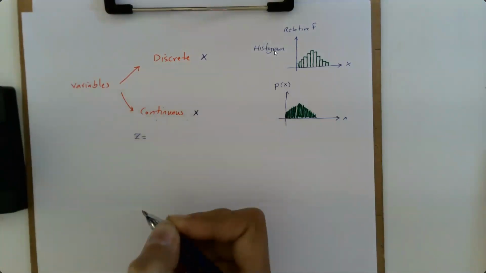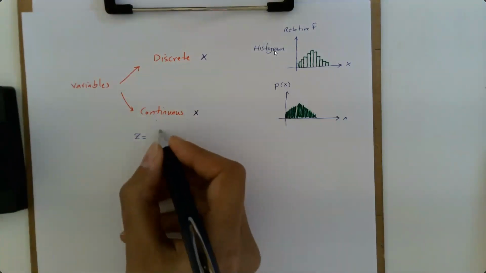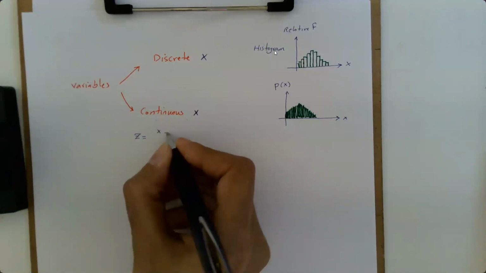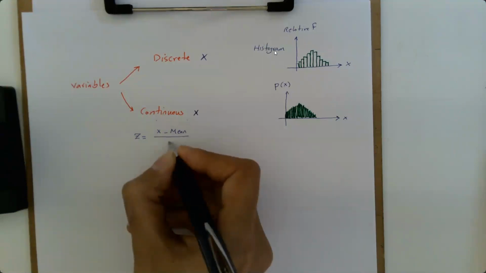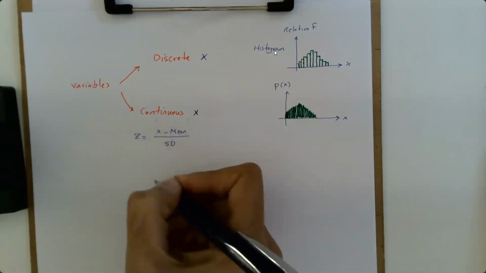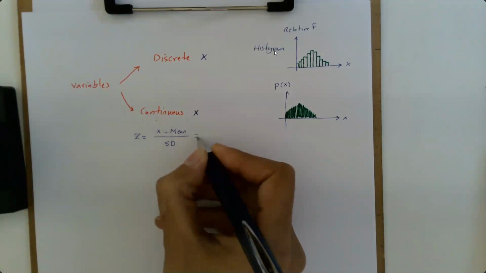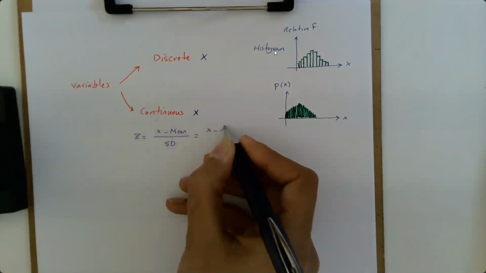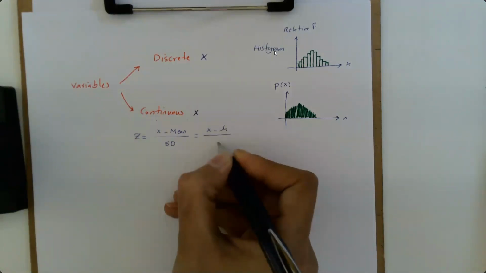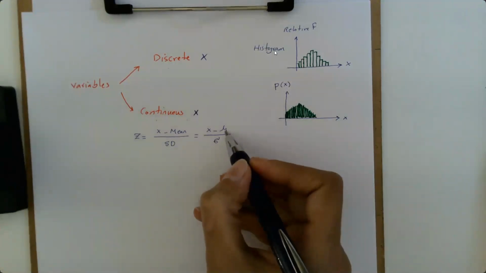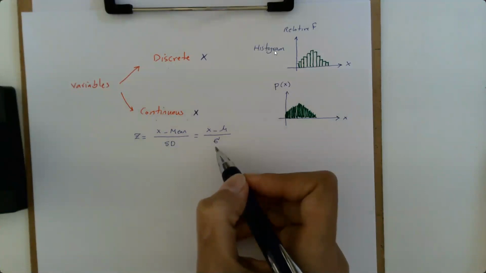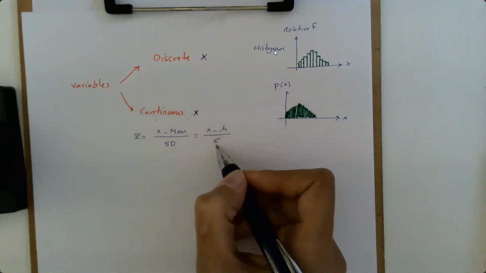Z-score is equal to x minus the mean divided by standard deviation, or x minus mu divided by sigma. Mu, the mean of the population, and sigma, the standard deviation of population.